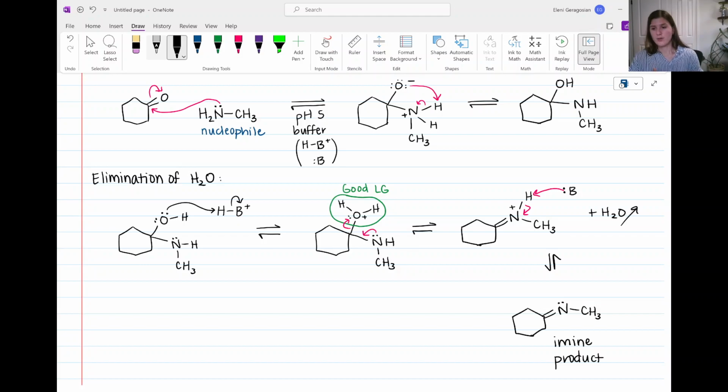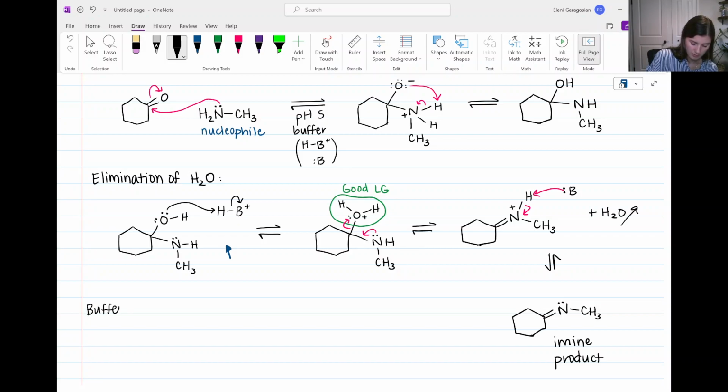So back to this buffer. Why do we use a pH of 5 buffer? Well, we need the solution to be acidic enough to protonate our oxygen. So that occurs here. But it cannot be so acidic that it's protonating the carbonyl oxygen, or really what we're worried about is that amine molecule. So the amine that we're starting with, if that were protonated, it wouldn't act as a nucleophile. So let's write this down here.